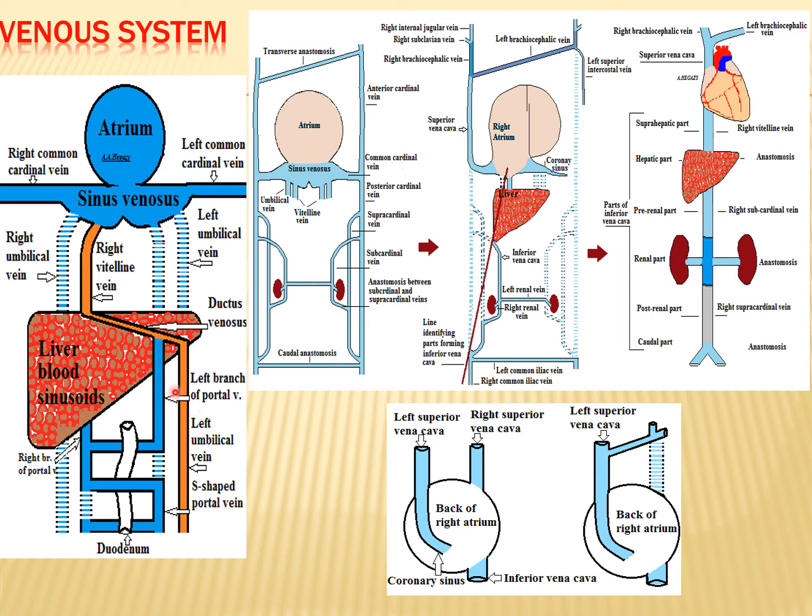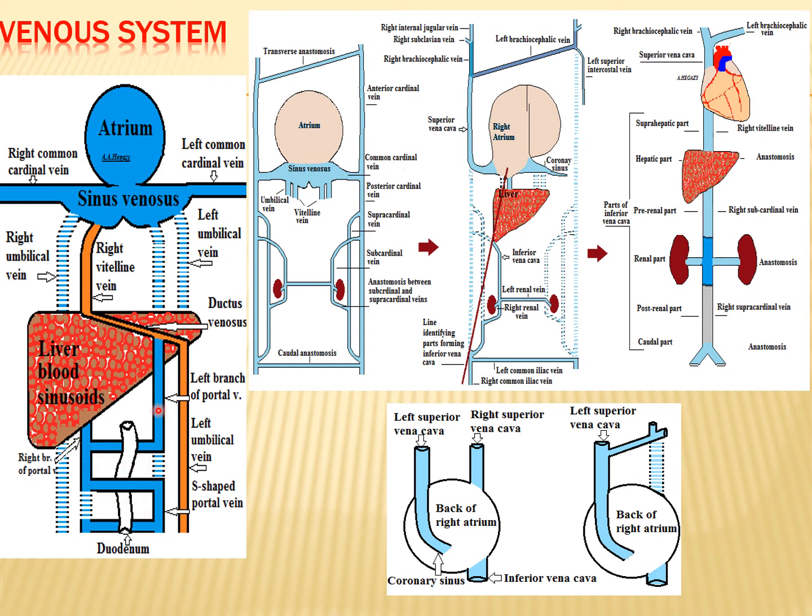The caudal portion: the two veins, as we see, are joined together by three anastomoses. These anastomoses surround the duodenum, or small intestine, forming what is called the portal vein.